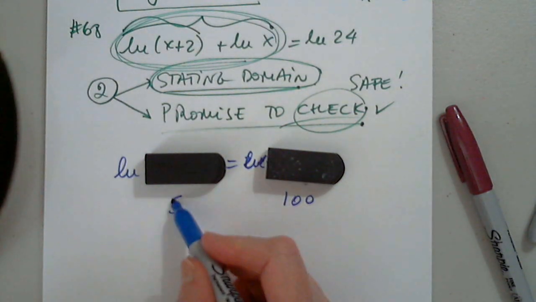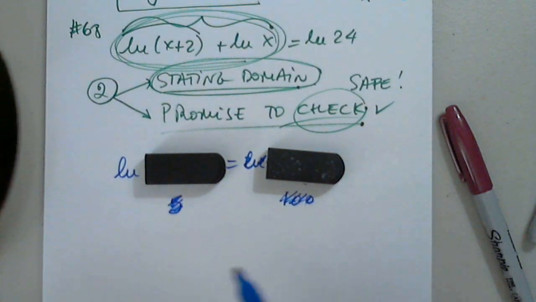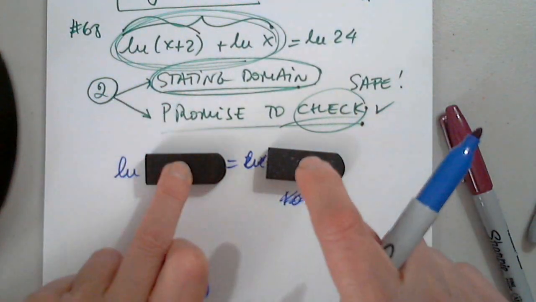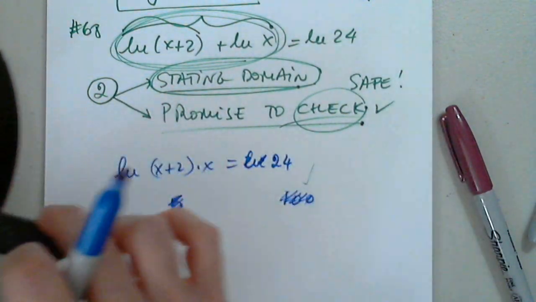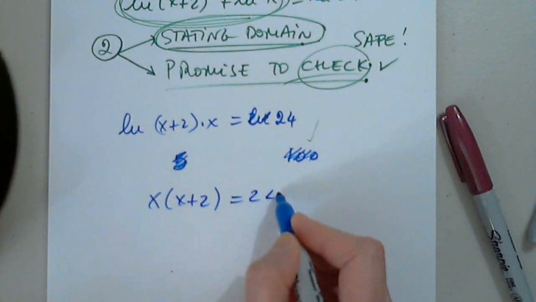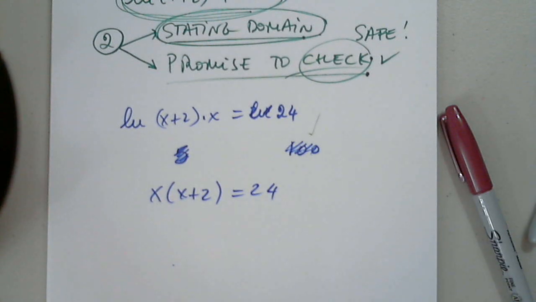No, that's not possible. So what has to happen then for log of this to equal log of this? It has to be also 24. Yes, this one has to equal this. So x times x plus 2 must equal 24. What type of equation is this and how do I solve it?